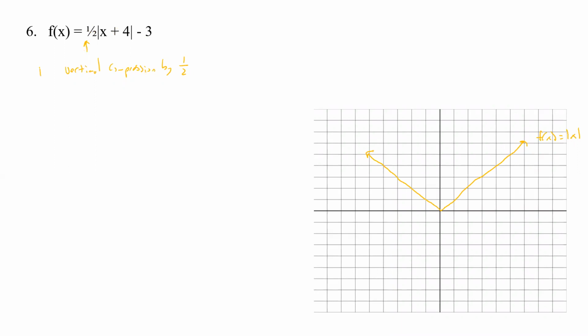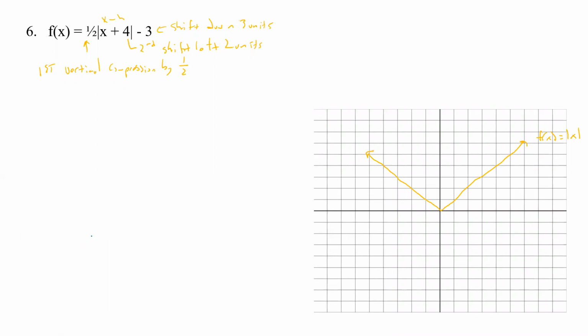That's first. And then second, remember, that's x minus h, so that's going to be a minus 2, and so it's going to be a shift left 2 units. And then our final one is going to be a vertical shift down, so it's going to be a shift down 3 units. Okay.